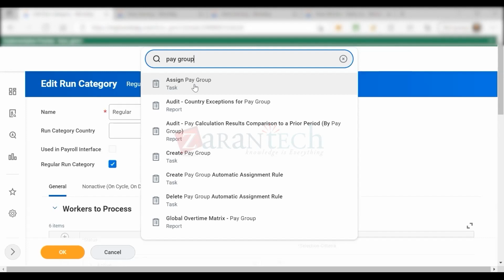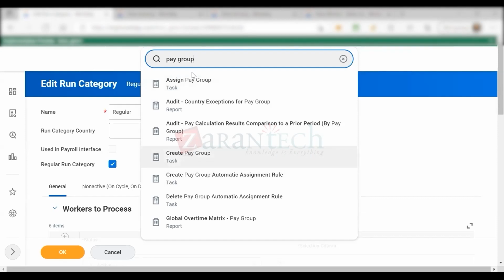If we stick to our example, if an employee is transferring from north to south, then we definitely want the pay group to be changed from north to south. Then we will embed this assign pay group as part of change job. So when they are performing this transfer through change job, this sub process will be triggered, and then HR will switch their pay group from north to south so that they will be in the correct pay group for their payroll processing.